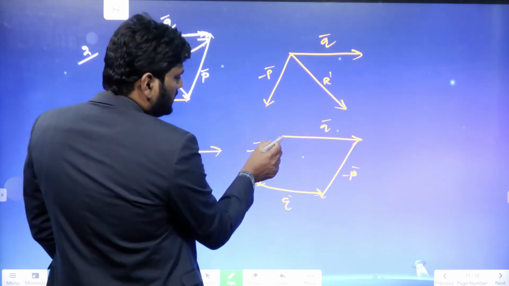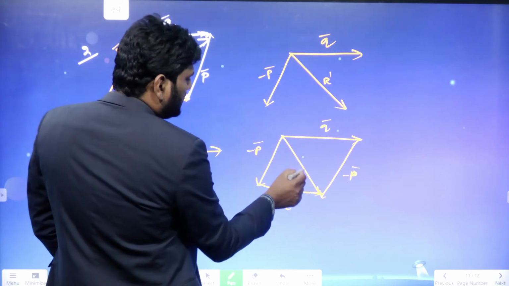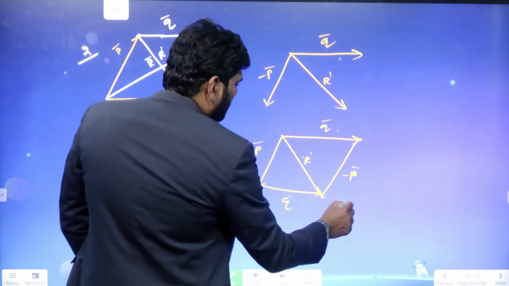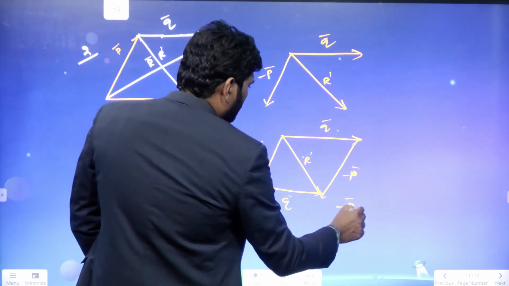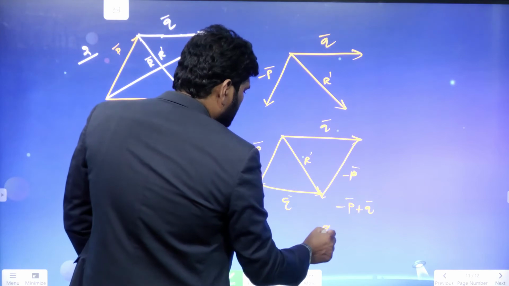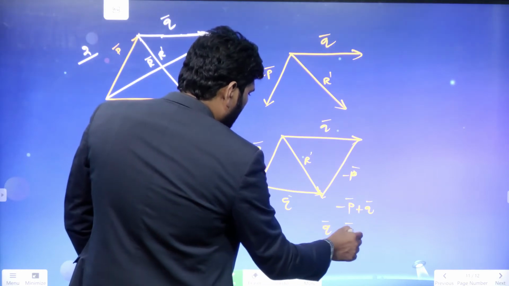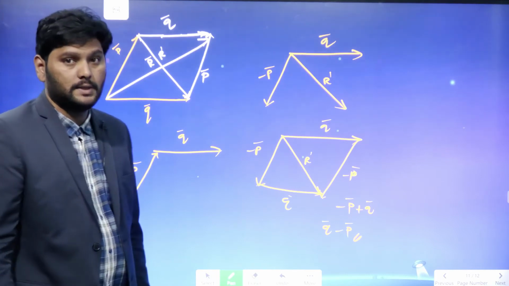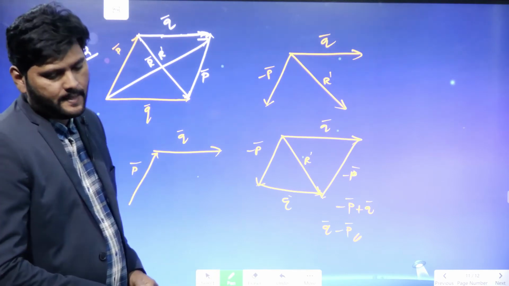So finally this will represent your R dash value. R dash I can write as minus P bar plus Q bar, or else Q bar minus P bar. So this is your answer. I hope you understood it diagrammatically.